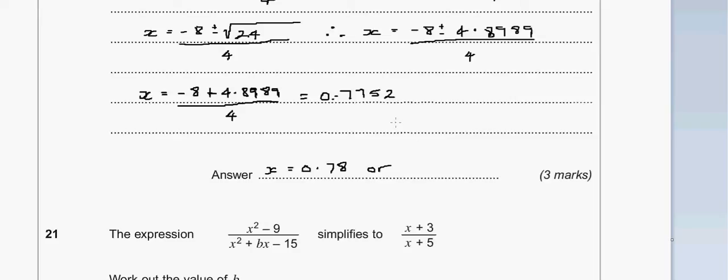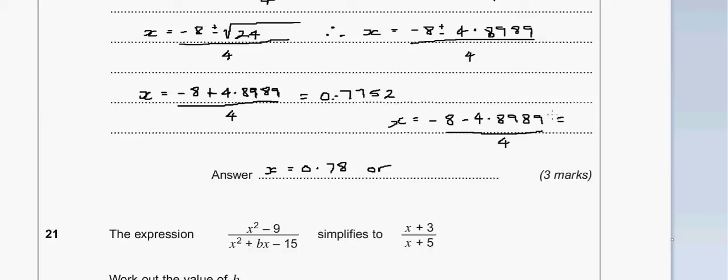So x equals minus 8 minus 4.8989, and again this is all divided by 4.